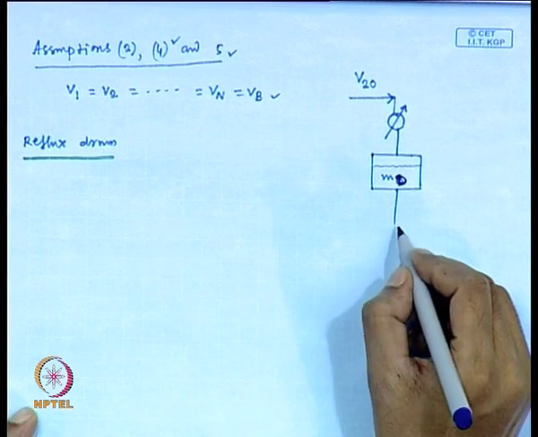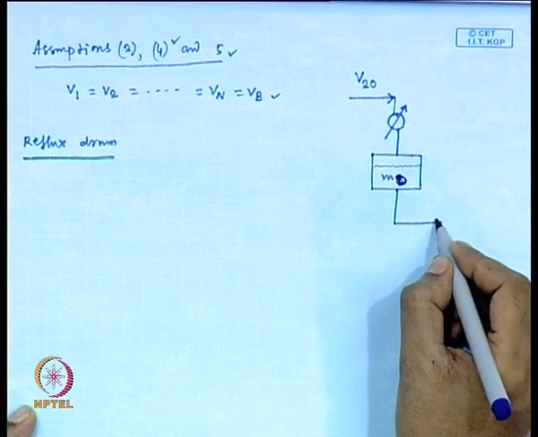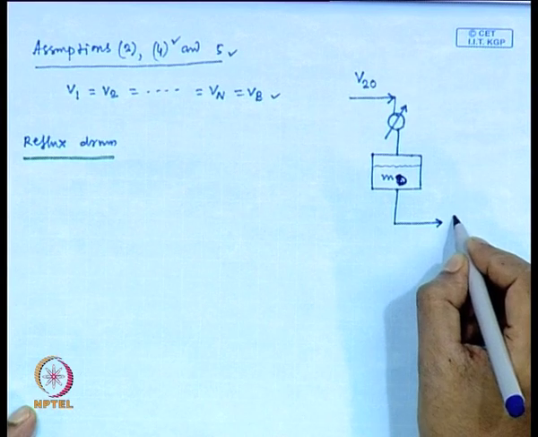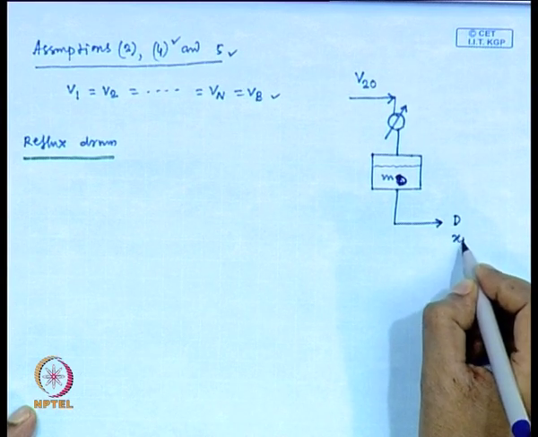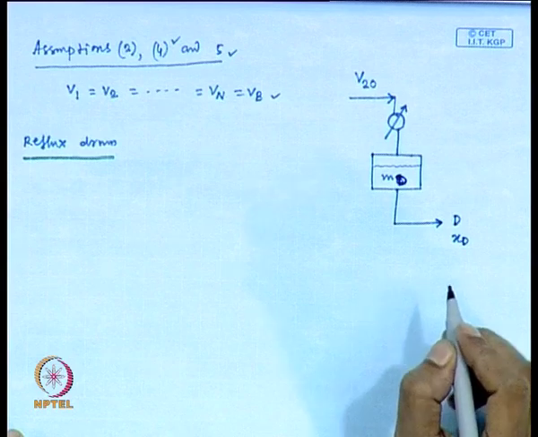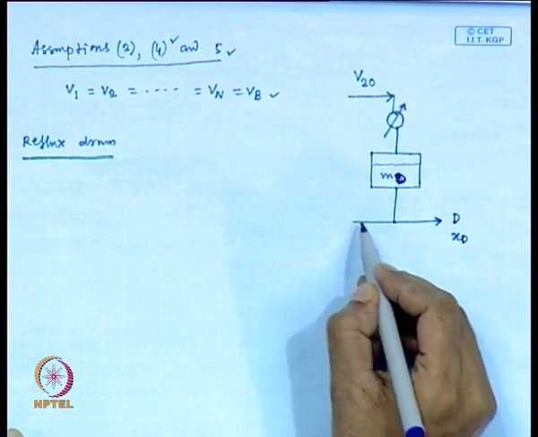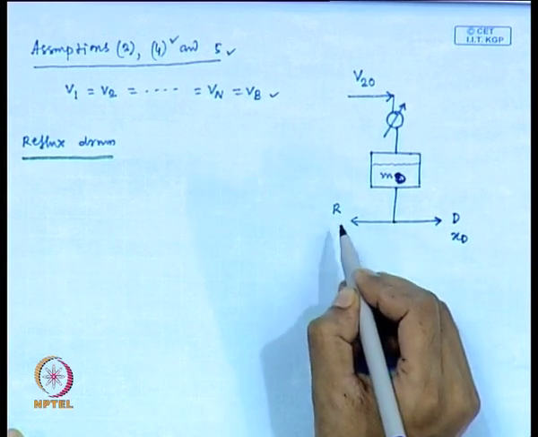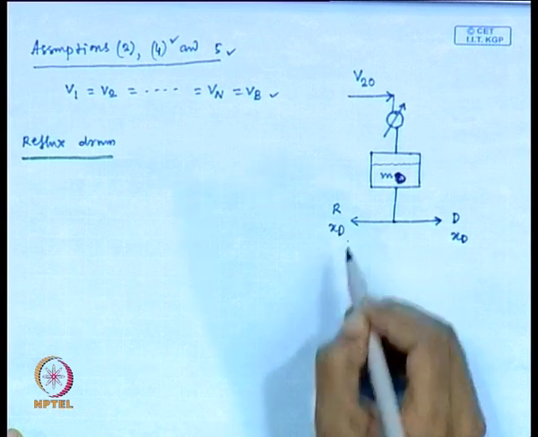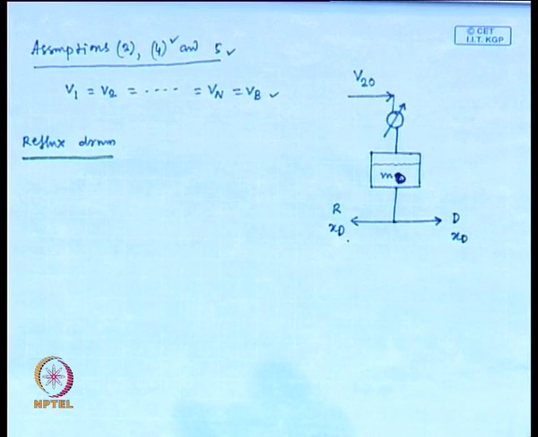There are two outgoing streams, one is distillate, composition is X D, another one is R, composition is X D. See, all the compositions here are basically mole fractions, and flow rates are basically molar flow rates.